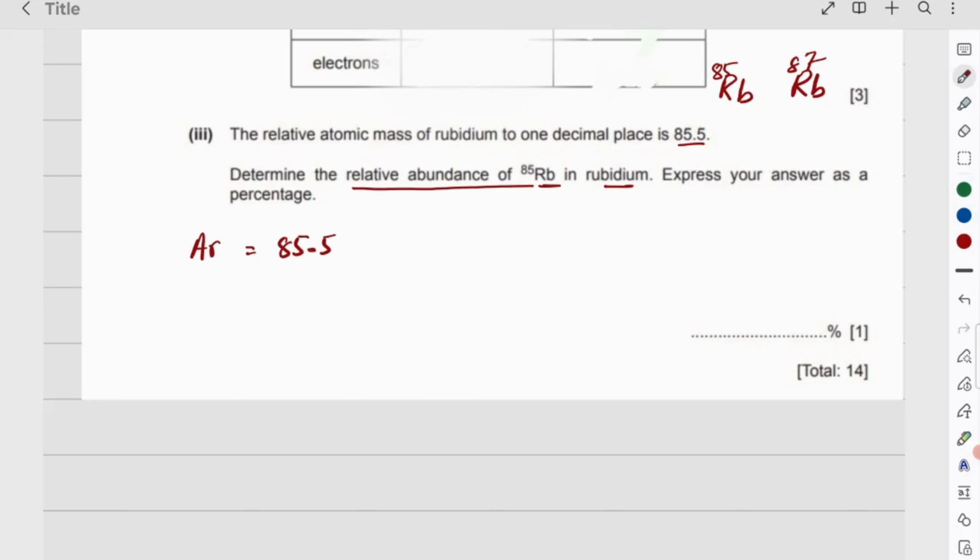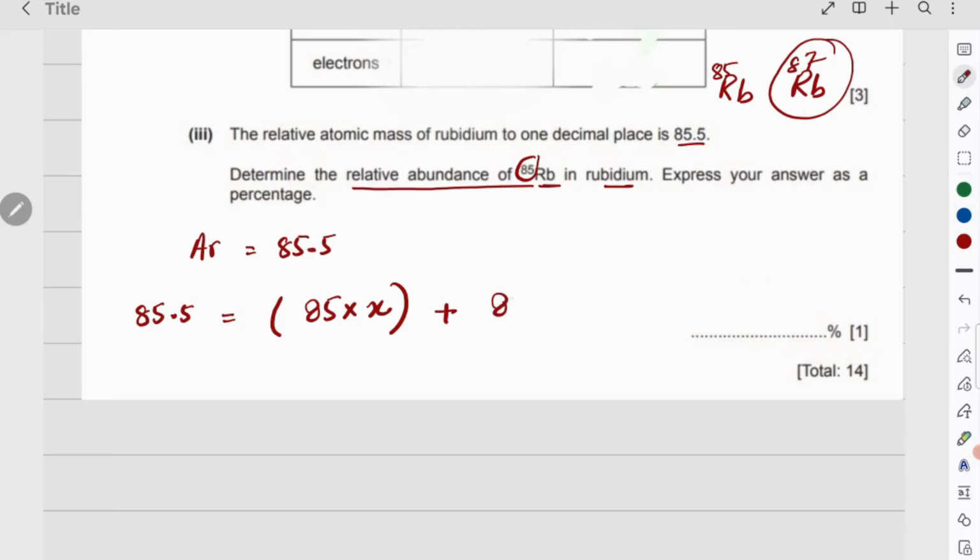So we can do this question. We have atomic mass 85.5. You know that the isotopic mass will be multiplied with the relative abundance. To calculate the relative abundance of 85, it is 85 multiplied by x, and we want to calculate this x value. Then the mass of 87 is multiplied by 100 minus x.